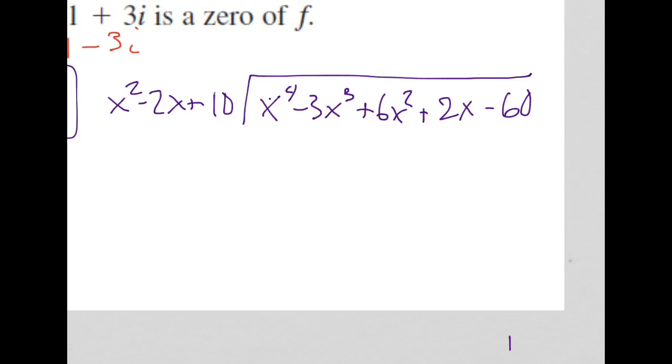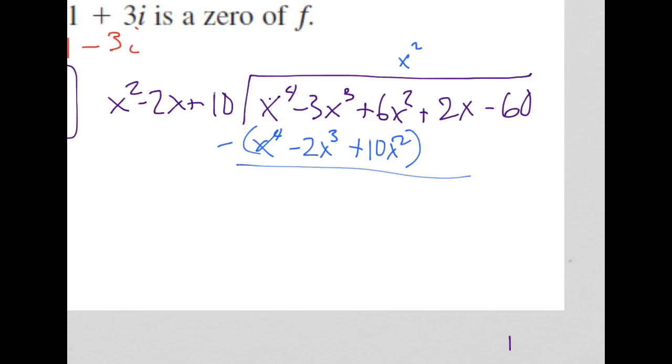X squared goes into x to the fourth x squared times, so I'm going to get an x squared term. X squared times x squared is x to the fourth. X squared times negative 2x is negative 2x cubed. X squared times 10 is a positive 10x squared. Now I'm going to subtract the whole thing.